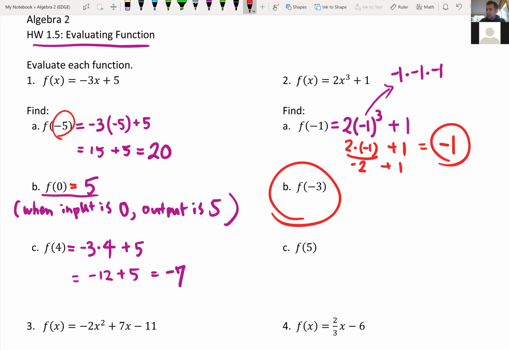Okay, how did it go, guys? So it'll be, let's change the color, 2 times -3 to the third power plus 1. If you have a hard time evaluating, just use a calculator.